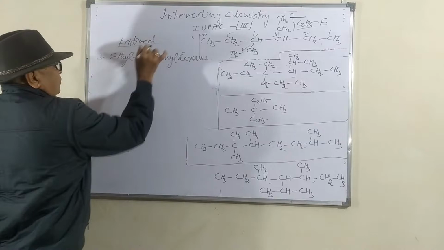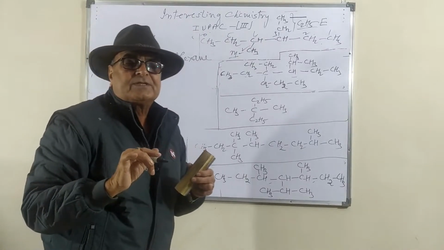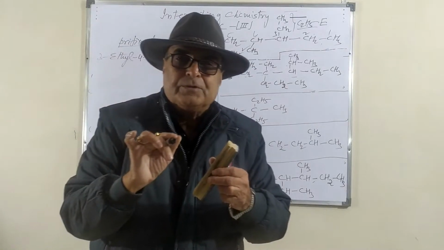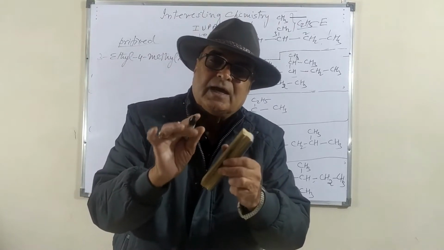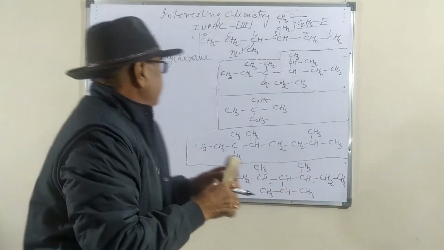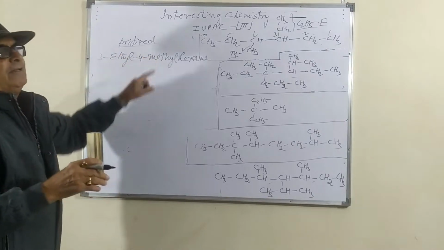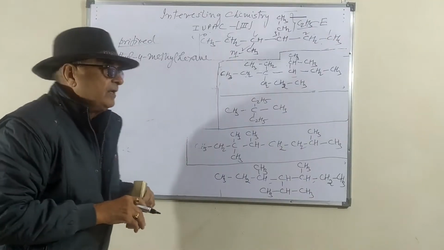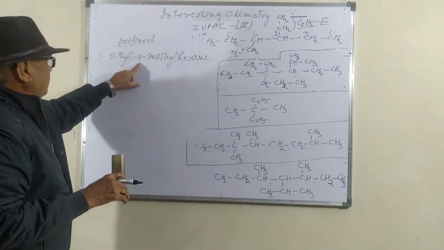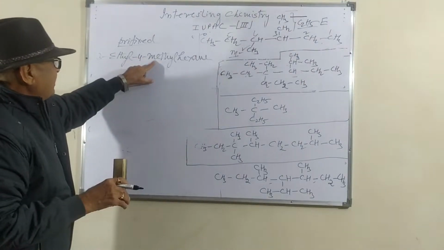When there is more than one prefix, the prefixes are written in alphabetical order, so ethyl will come first and then methyl. Again, this is for the number and these are the words.